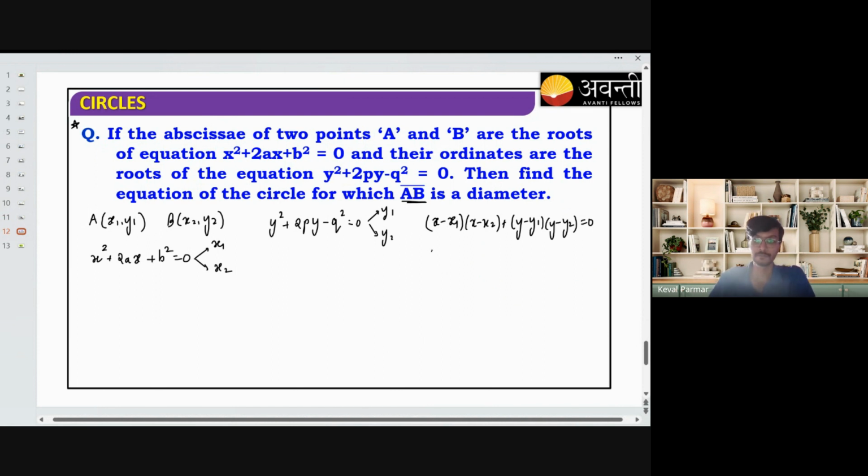If I open the brackets, we can write it as x square minus (x1 plus x2) into x plus x1 x2, plus similarly y square minus (y1 plus y2) into y plus y1 y2 is equal to 0.